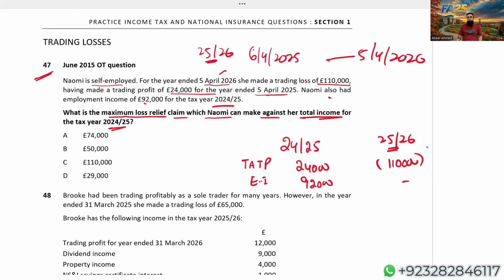Now let me tell you one more area where students make mistakes, and another very critical reason of failure in taxation. Majority of the students are unable to recall the format of ANI, adjusted net income.